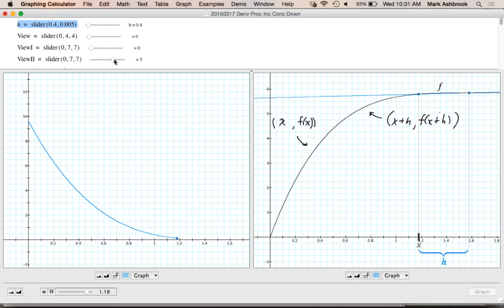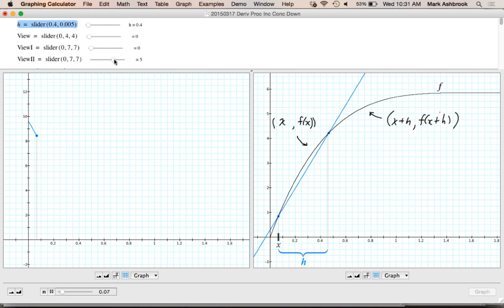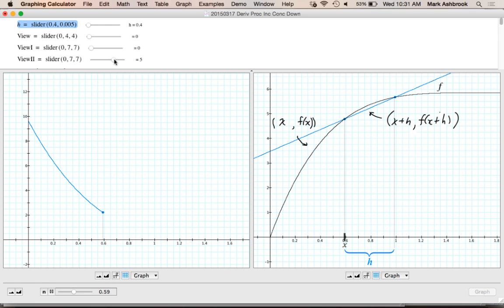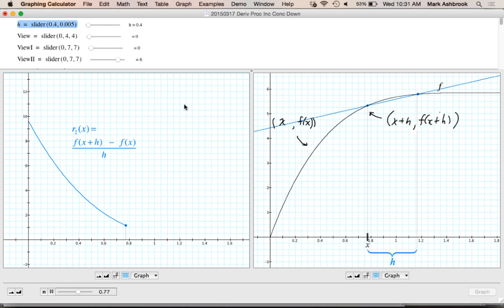So here is, as x increases, what we get for all those values of the rate of change of that blue secant line. Secant meaning cuts through. Is it approximate or exact rate of change, that blue graph? Still approximate. This is the revised version of this rate using the sliding interval.